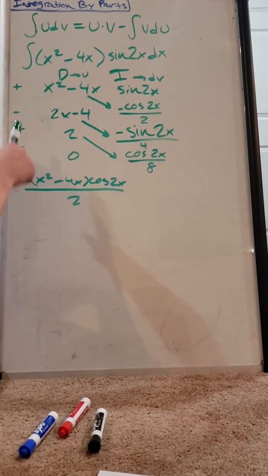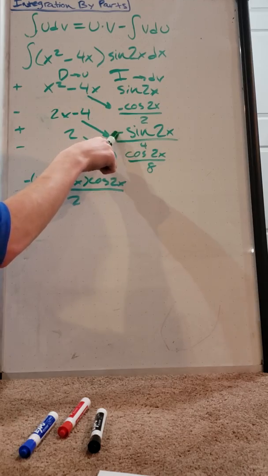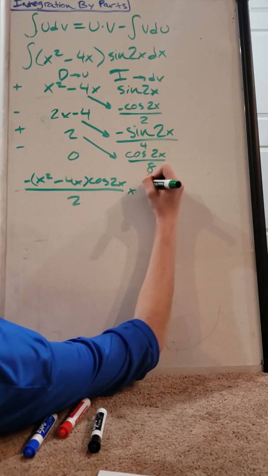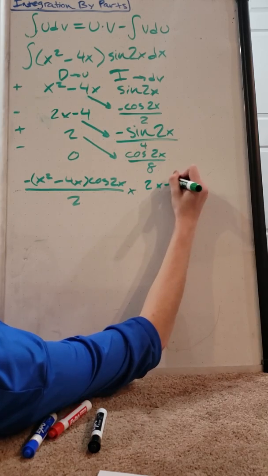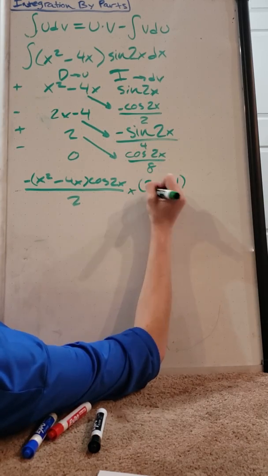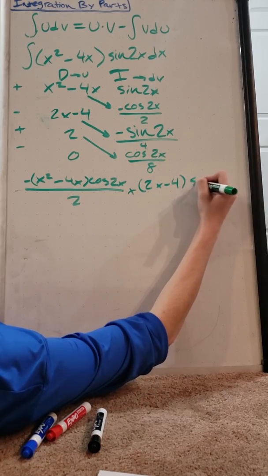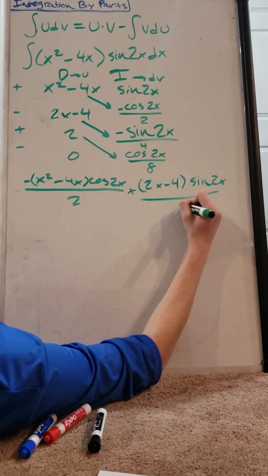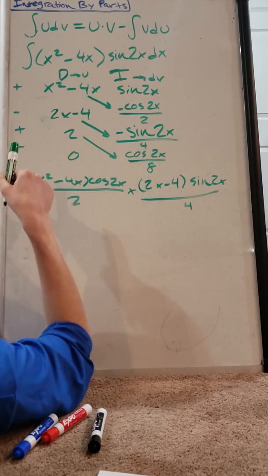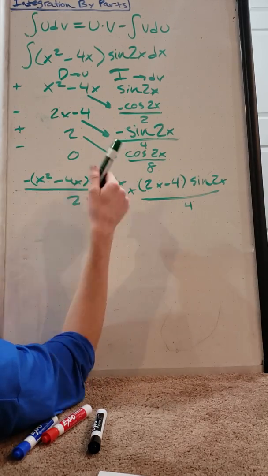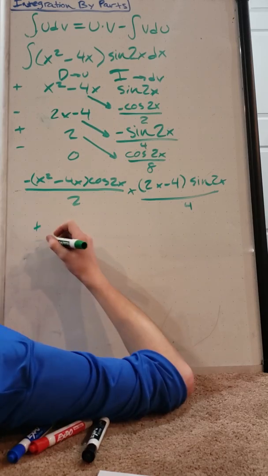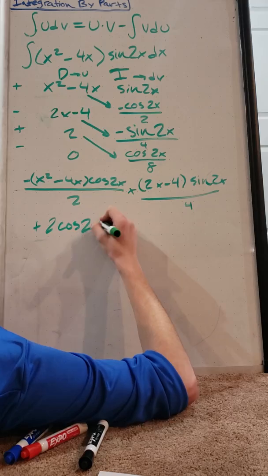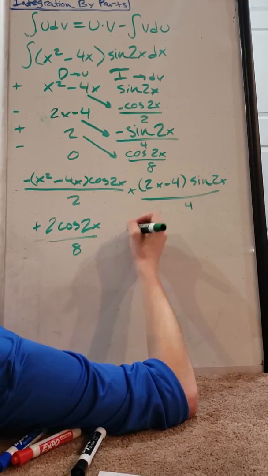Then since this is negative and this is negative, you're going to have plus 2x minus 4 times sine 2x over 4. For the next one, you have a positive times a positive, so it's just plus 2 cosine 2x over 8.